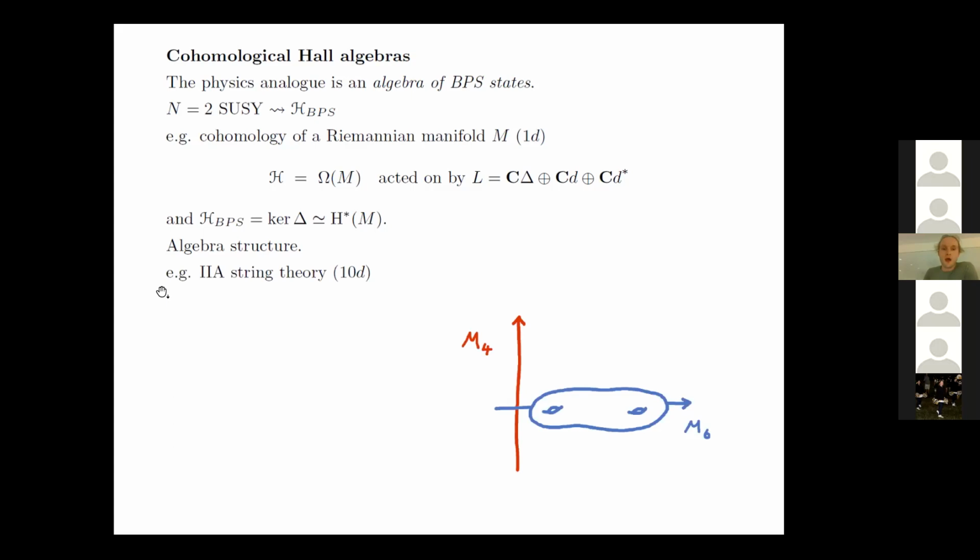Basically, the Calabi-Yau 3 category examples come from 10-dimensional string theory. You compactify the 10-dimensional theory along a Calabi-Yau 3-fold, and then what physicists will say is that you consider D-branes, even-dimensional D-branes in this 10-dimensional theory.